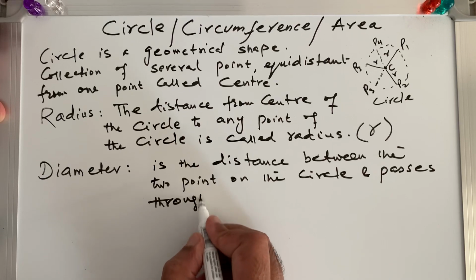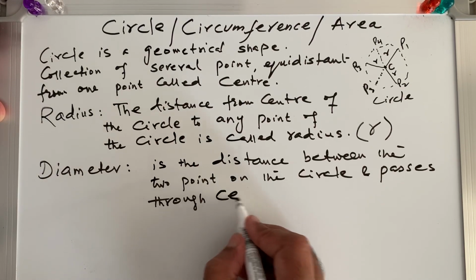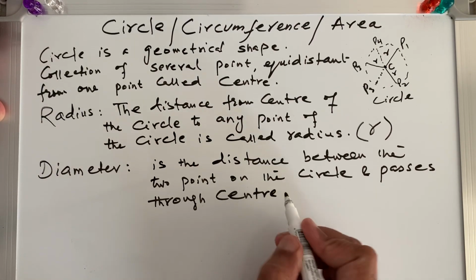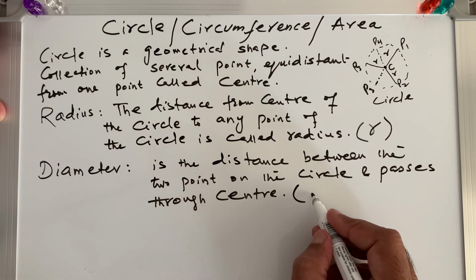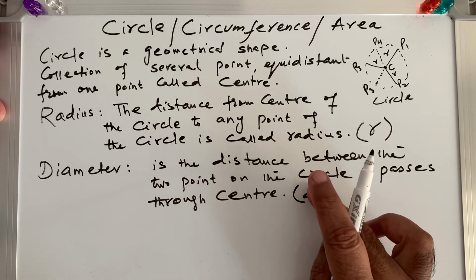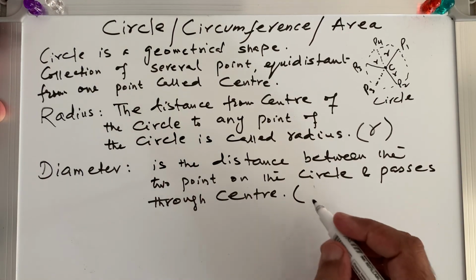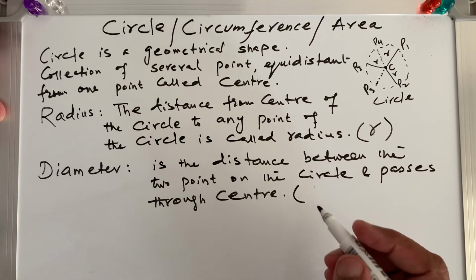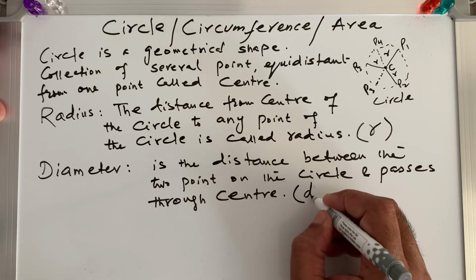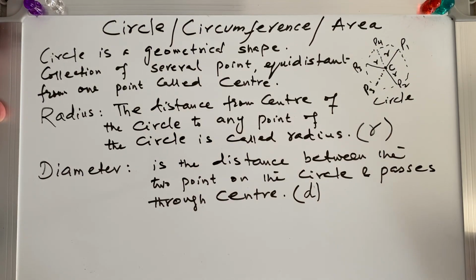It must pass through center. If it passes through center, then this distance is called diameter and is indicated as D, right? Let me write it maybe capital D or small d. We denoted D, small d, diameter.